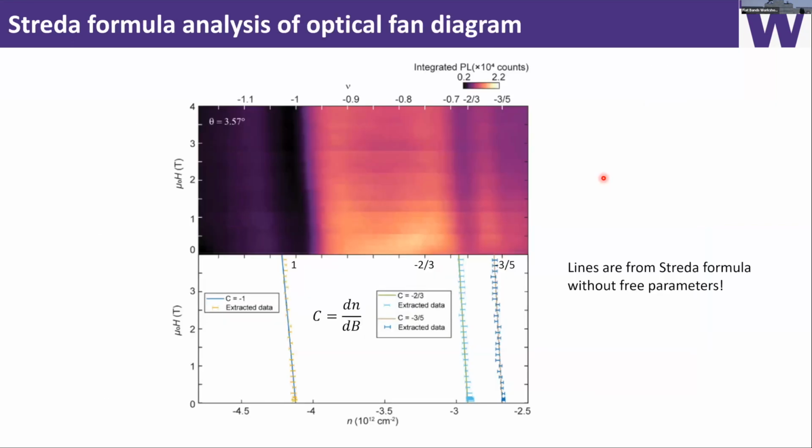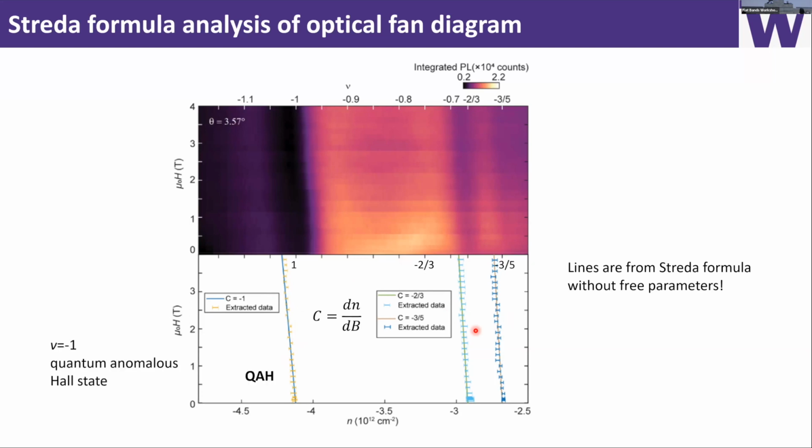We can compare our data with the Streda formula. The lines are the expected dispersions from these Chern insulator states from the Streda formula, and the dots are the dispersions extracted from all these spectral features. So they align quite well.